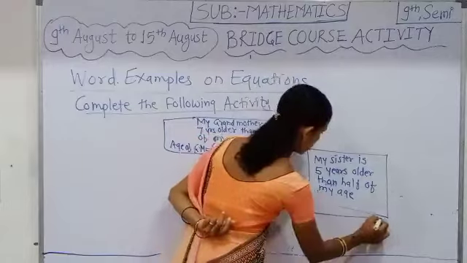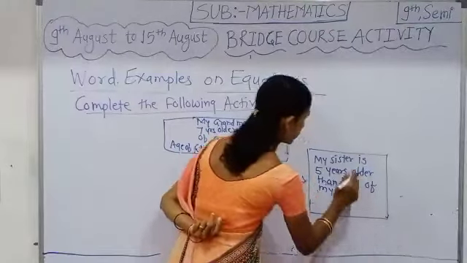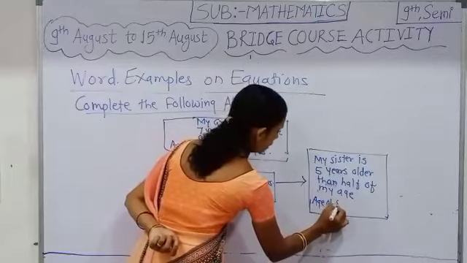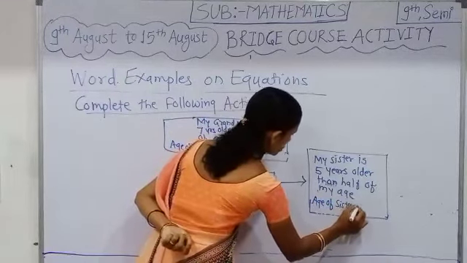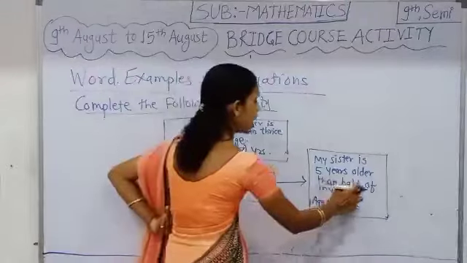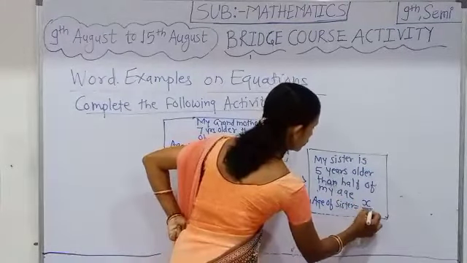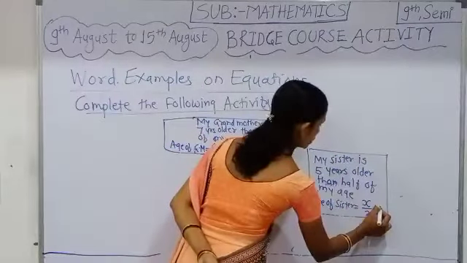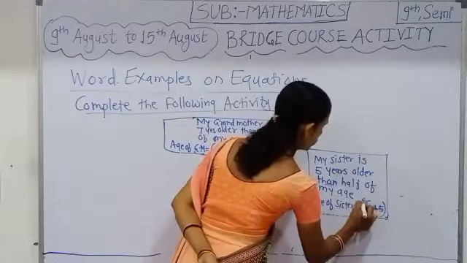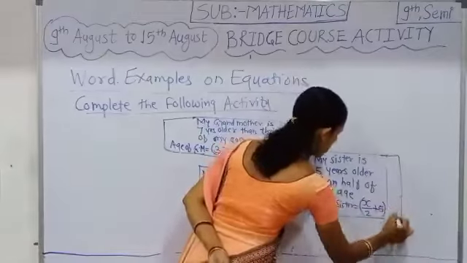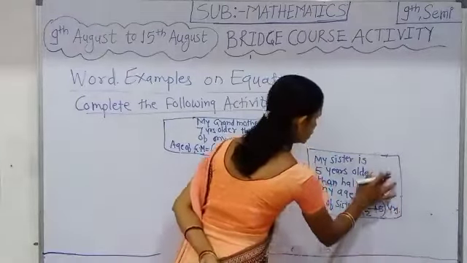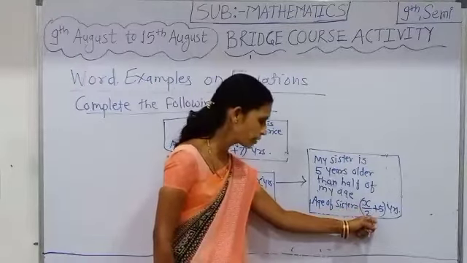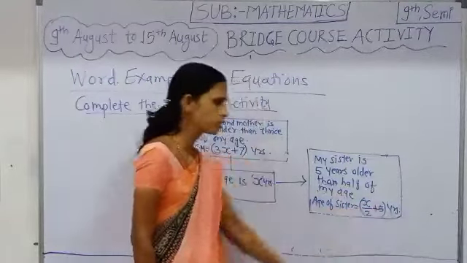From the given condition, the age of sister is half of my age, that is x upon 2, plus 5 years older. Age of sister is x upon 2 plus 5 years.